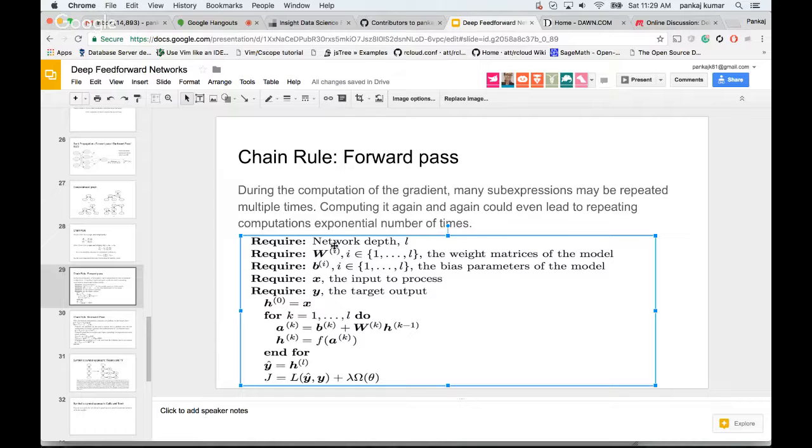Here, if we have a network of depth L, and they all have weights and biases, and there is an input to this.